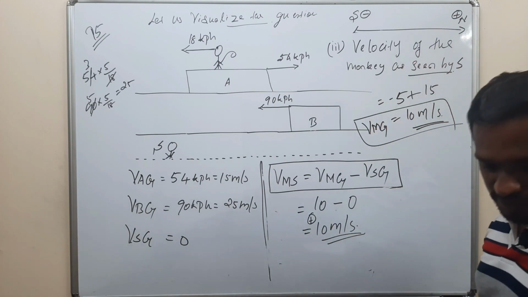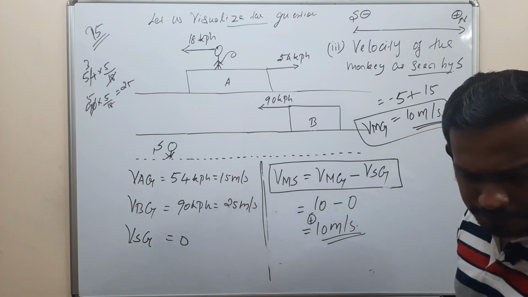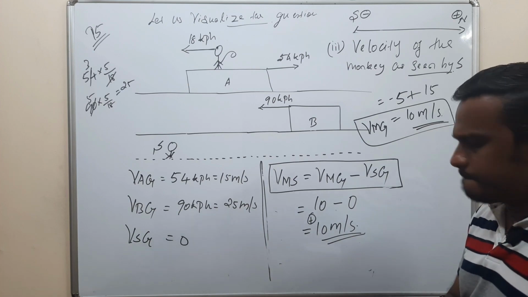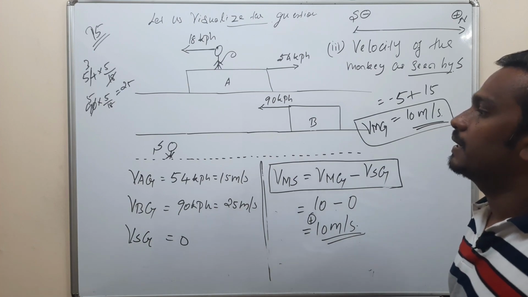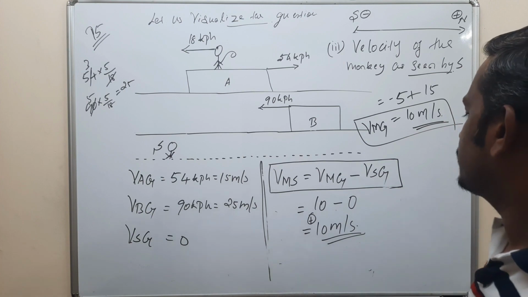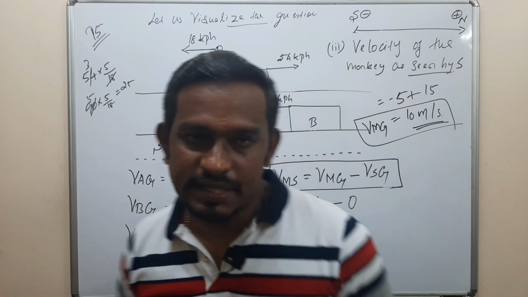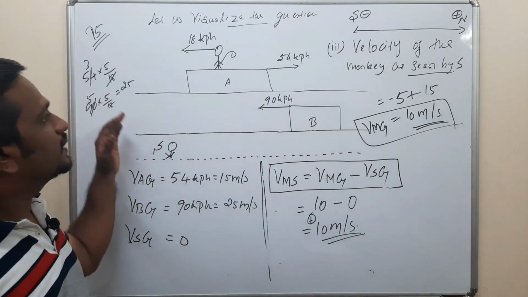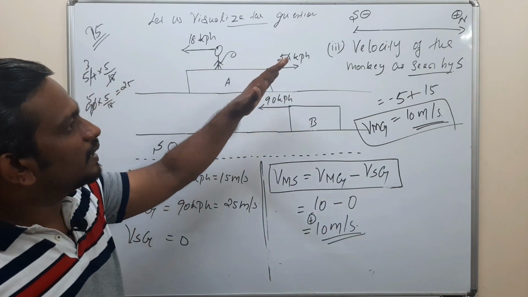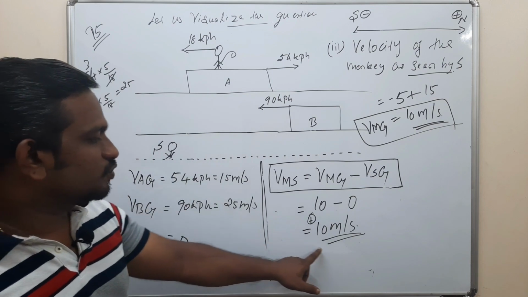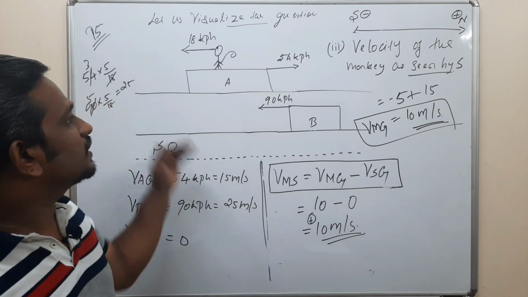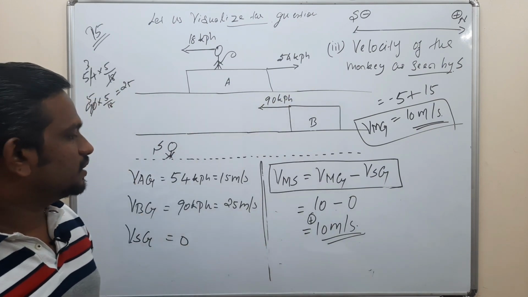So what the observer feels is 10 meter per second, which is positive. The observer feels that the monkey is moving in the northward direction, with 10 meter per second.